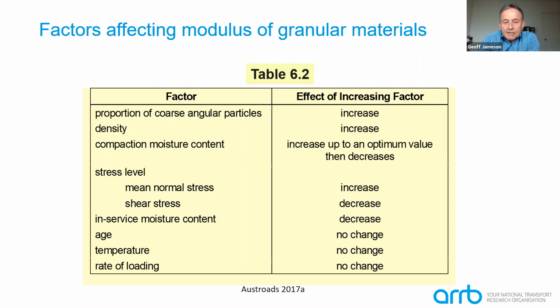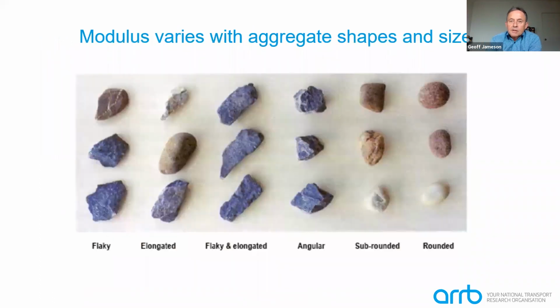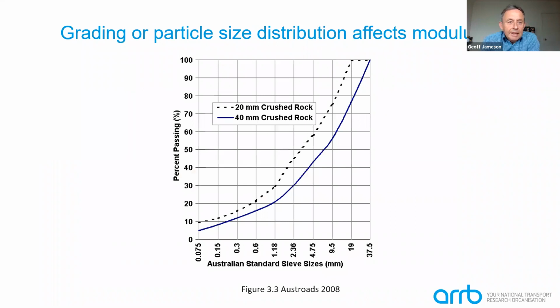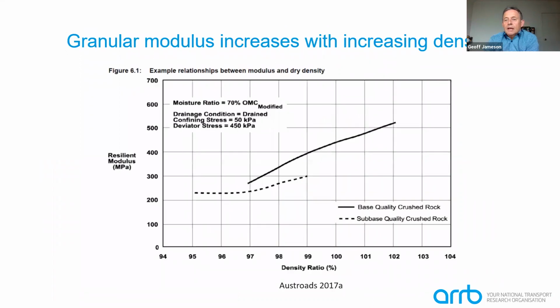And also density: the higher the density, the higher the modulus. The modulus you measure also depends on the shape of the material. It also varies with the grading or particle size distribution of the material, whether it's well-graded, gap-graded, finely graded or coarsely graded. So there are some of the factors that affect it.